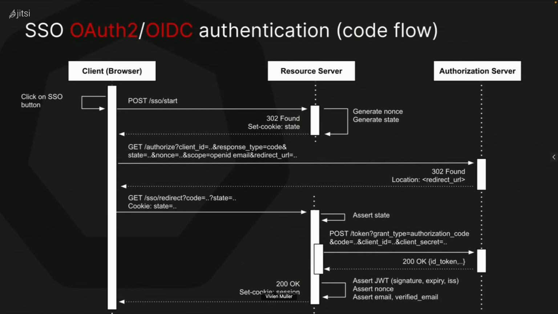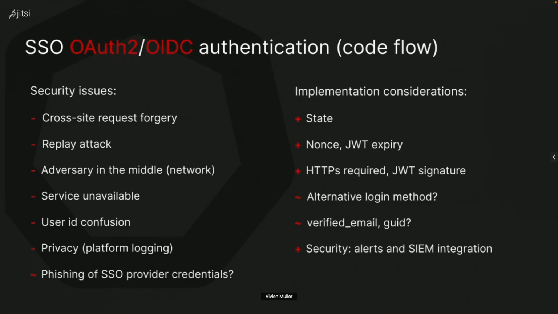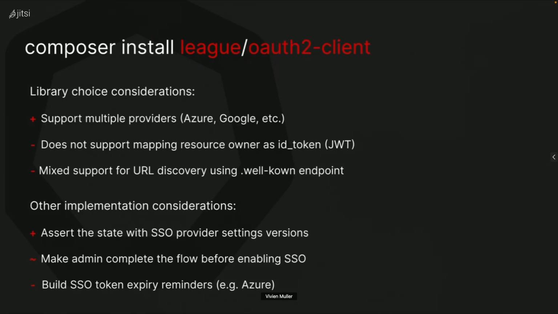For example, you send the client secret to connect to the authorization server, and you need to store that secret on the resource server, and it expires after some time. So if you forget to rotate that, then your SSO might be broken. This is something to remember, to make sure that you notify your administrators that their SSO integration needs to be refreshed every once in a while.